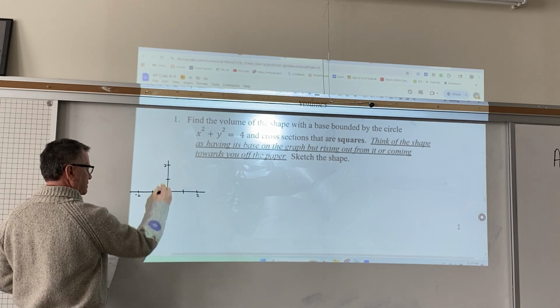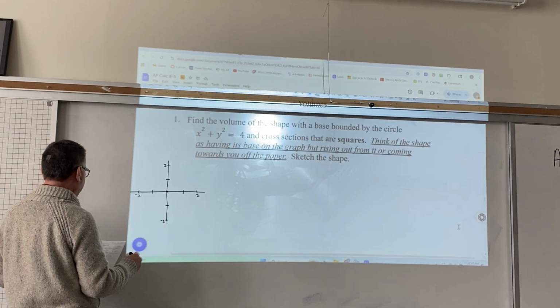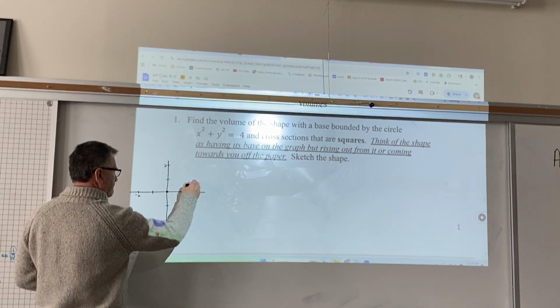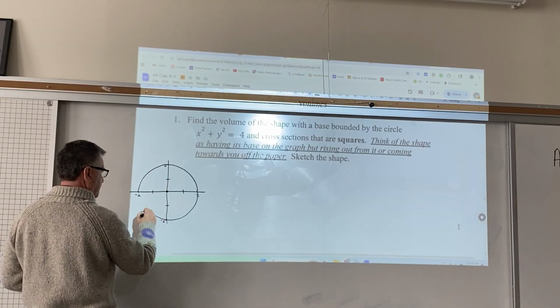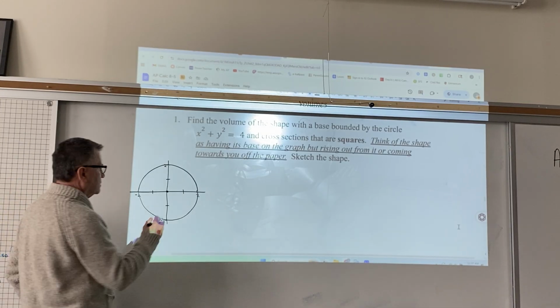Let's see if I can get this kind of sorted. There's my base circle. And the cross sections coming out of it are gonna be squares. And we'll just say we're going across the x-axis.